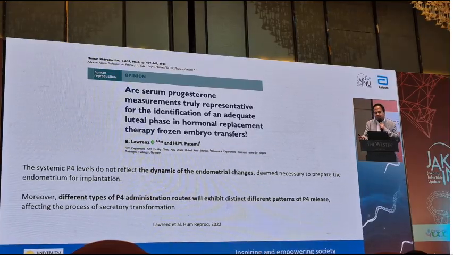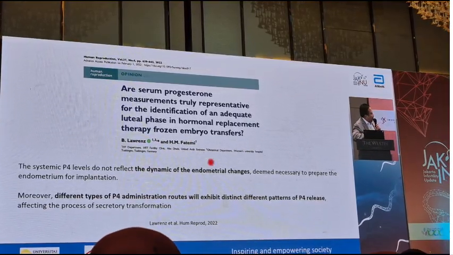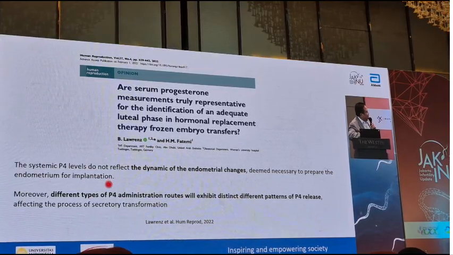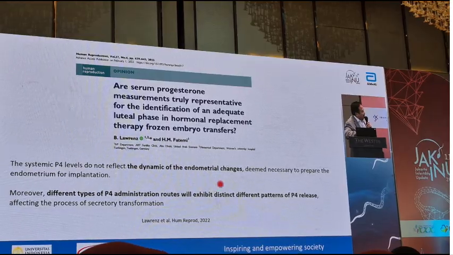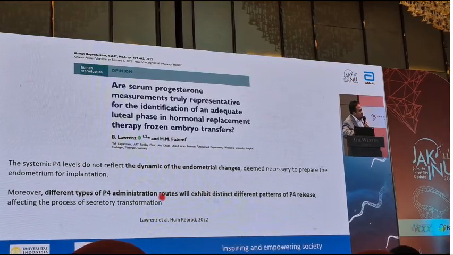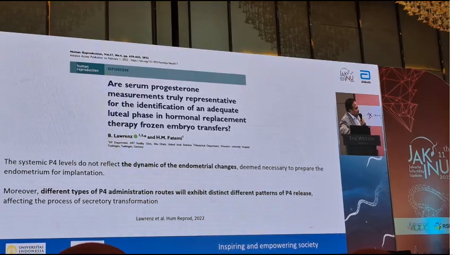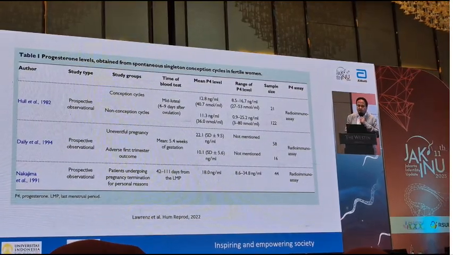And the very interesting data and study was also addressed by Barbara Lawrence and Human Fatemi. This is again about systemic progesterone levels. Do they reflect the dynamics of endometrial changes or not? Because there is a difference in progesterone preparations or progesterone regimens.